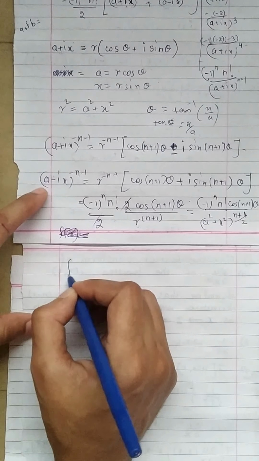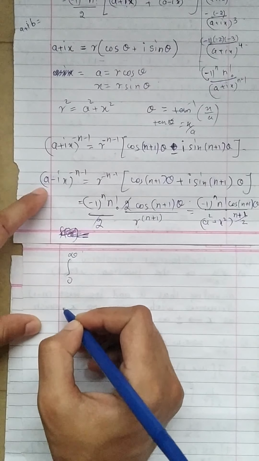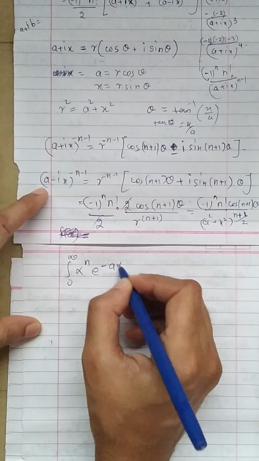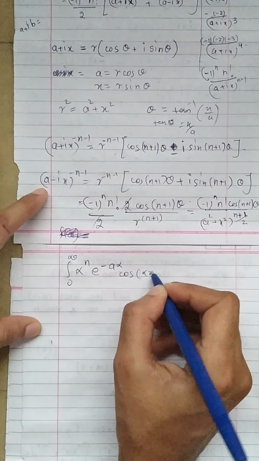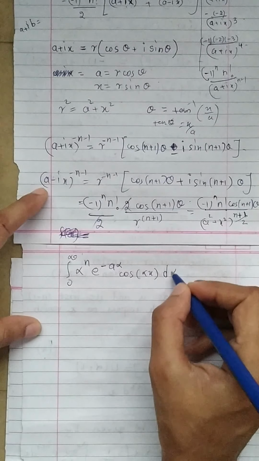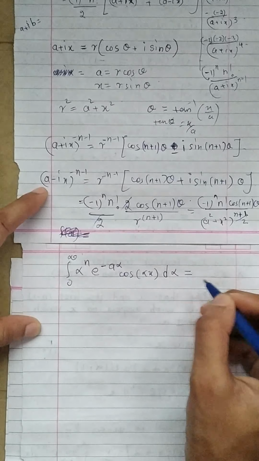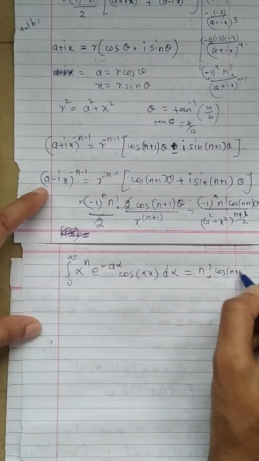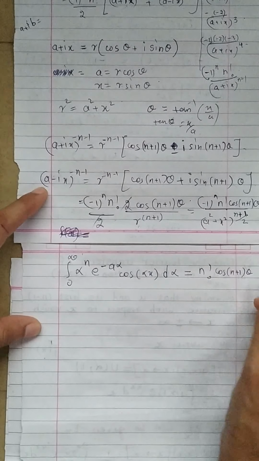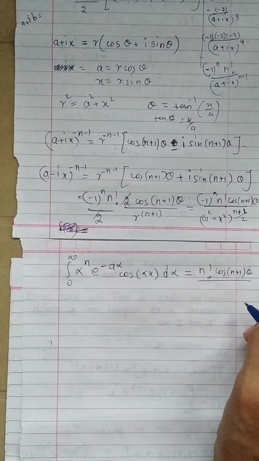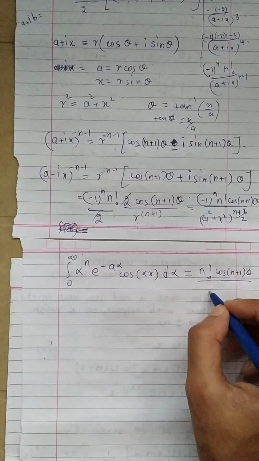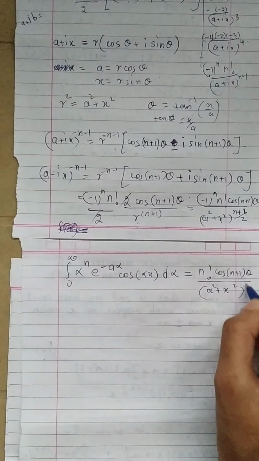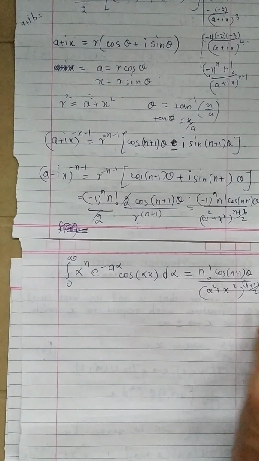We will be left with integral from 0 to infinity alpha raised to n e raised to minus a alpha cos of alpha x d alpha equal to n factorial cos of n plus 1 theta divided by (a square plus x square) raised to n plus 1 by 2.